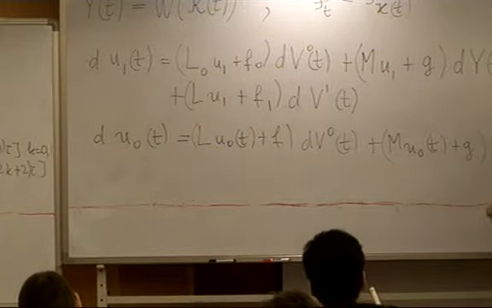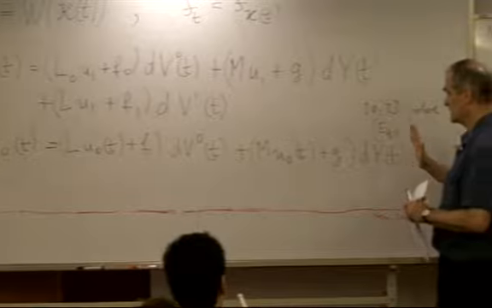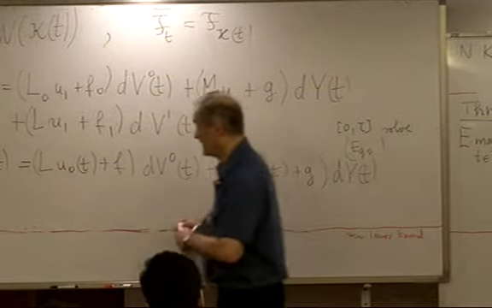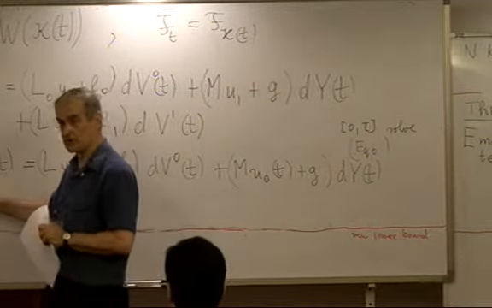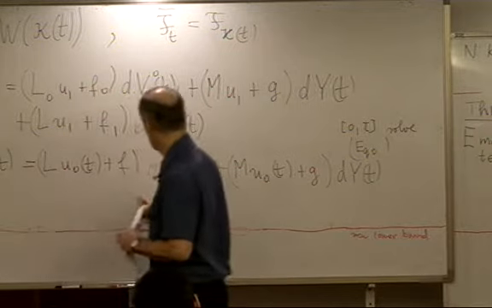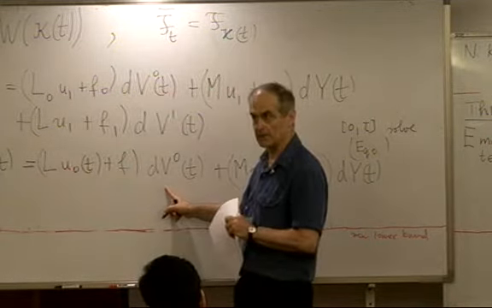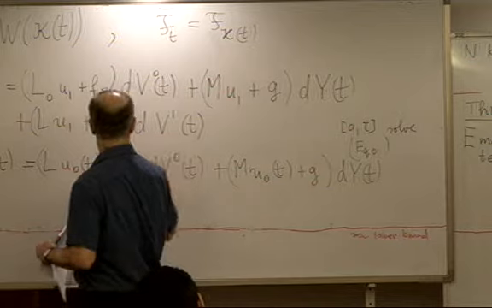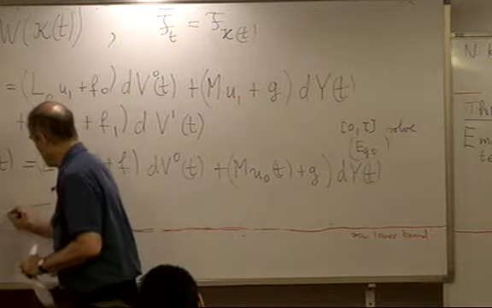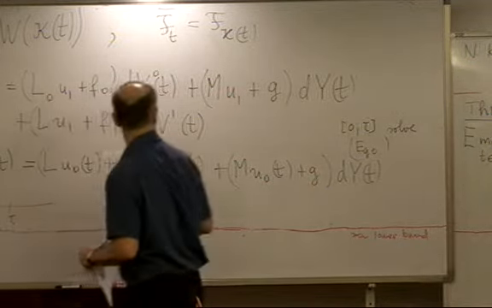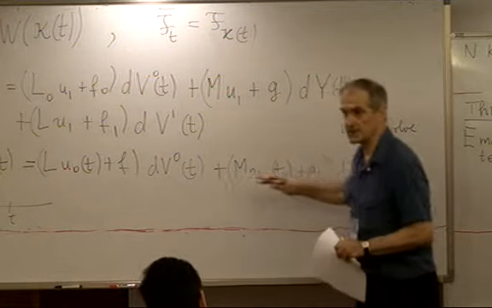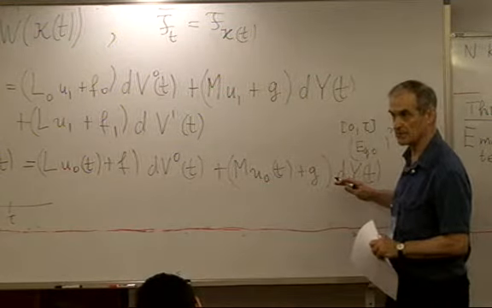So what happens? What does this synchronization mean? That we solve the original equation here, but not exactly, because until tau, this is just the same equation, just the original equation, right?